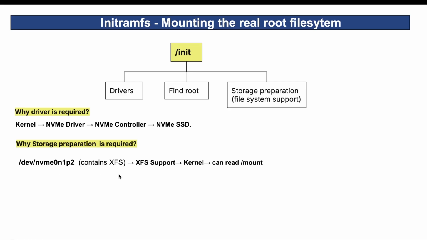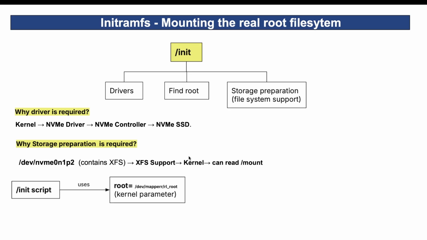And the third, most important thing, /init determines where exactly your root file system is. How does it determine that? Basically, the /init script uses the root= kernel parameter, where the root partition detail is mentioned. It can be a partition name or UUID, depending on the distro.